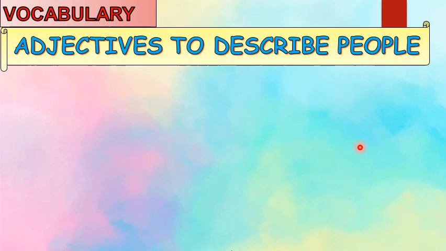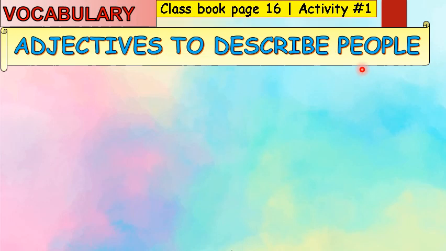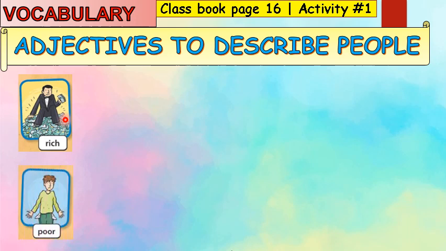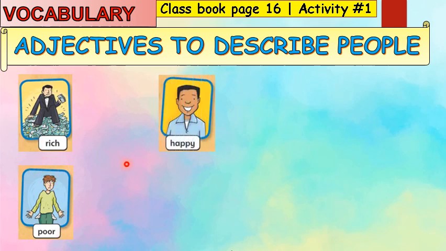Let's practice our vocabulary. Adjectives to describe people. Class book, page 16, activity number 1. Rich. Repeat after me, okay? Rich. Poor. Rich. Poor.